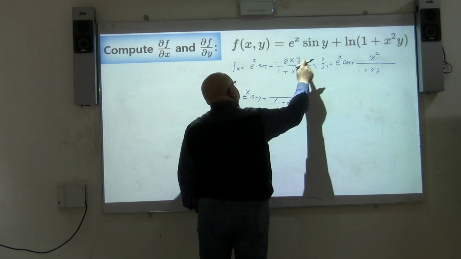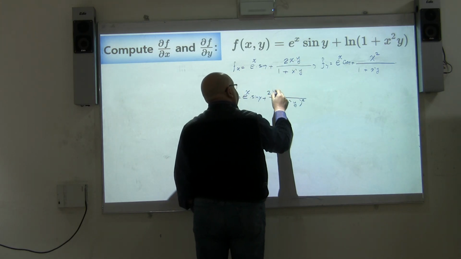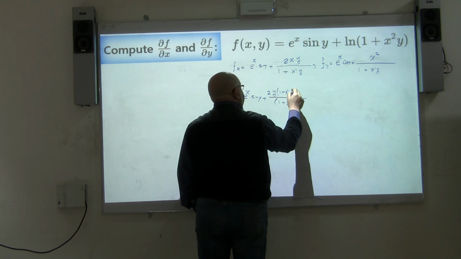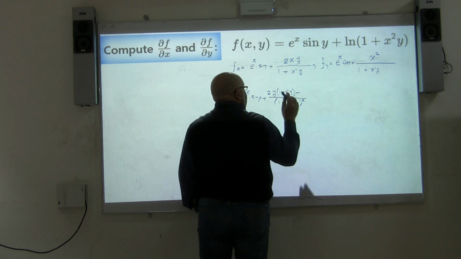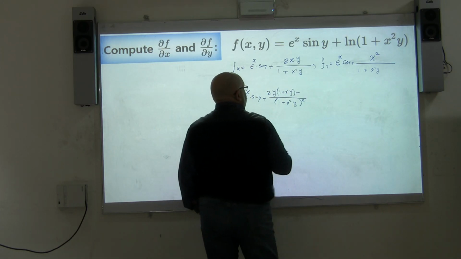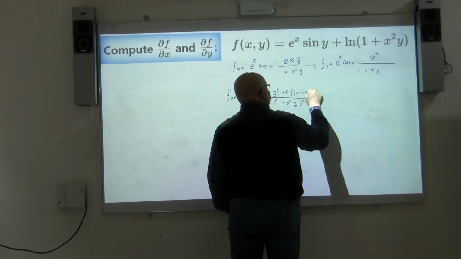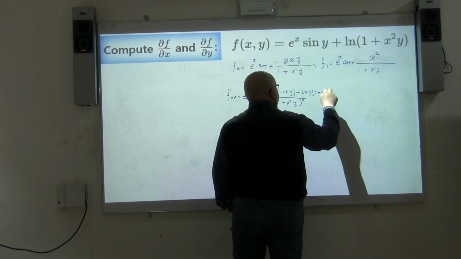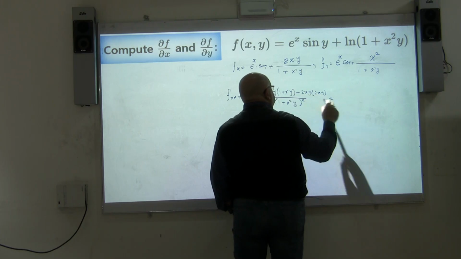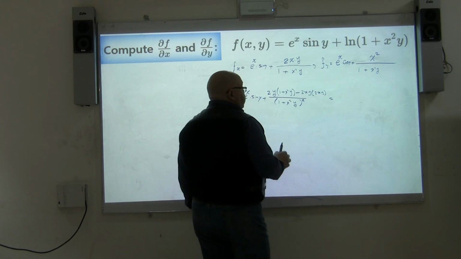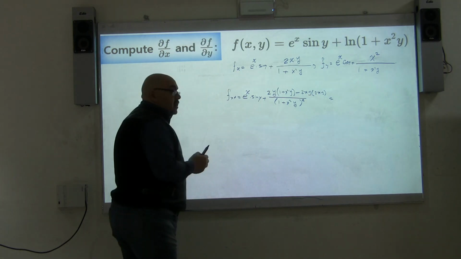Then I will differentiate the numerator, which comes to 2xy, times 1 plus x squared y, then minus. I will differentiate the denominator with respect to x, which is going to be 2xy, times the numerator, which is 2xy. Then I will start simplifying everything. That's going to be f sub double x.